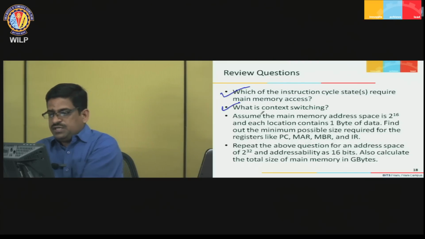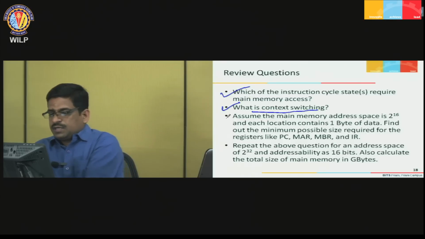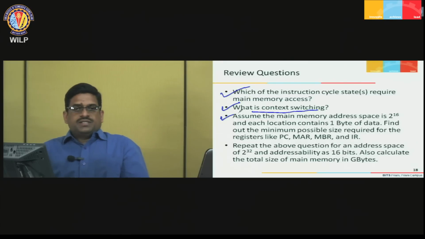What is context switching? And this is the third question. Let's assume the main memory address space is 2 raised to the power 16. Address space means the number of locations, and each location contains 1 byte of data or instruction. So addressability is 1 byte or 8 bits.